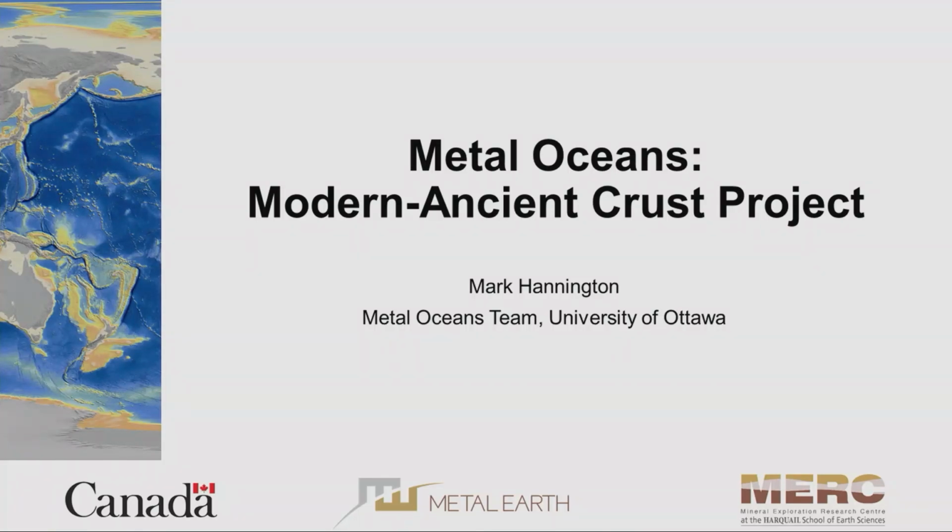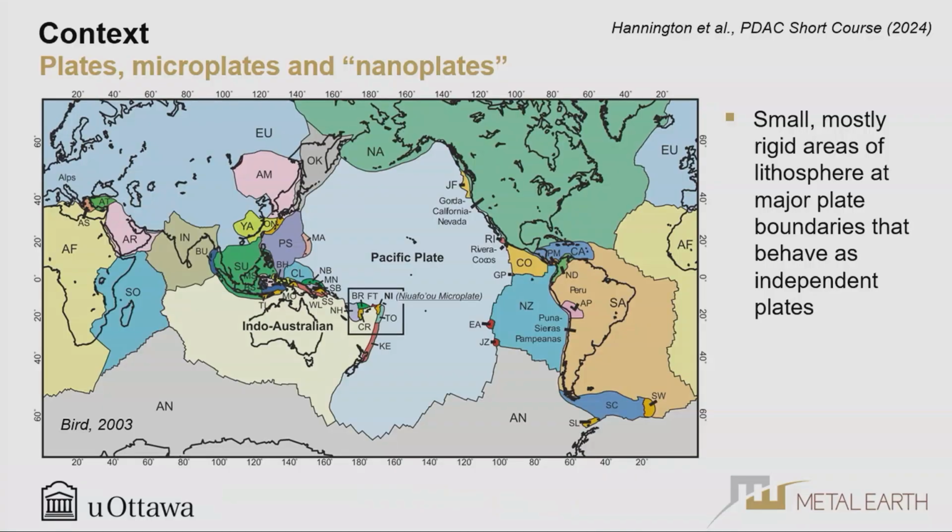The area that we've been mostly interested in, of course, Alan already talked a little bit about, is the edge of the Indo-Australian margin, focusing particularly on about a 1,000 kilometer by 1,000 kilometer box around the northern Lau Basin. We're also working in other localities now, which I'll talk about in a few moments.